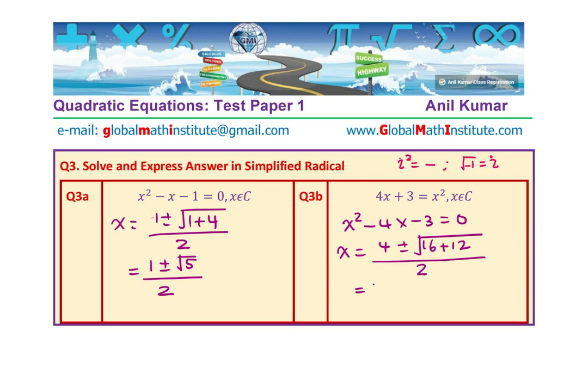So we get here 4 plus minus square root of 28 over 2. Now 28 is 7 times 4. So 4 plus minus 2 square root 7 over 2. So we can write this as 2 plus or minus square root 7, right? So that becomes the answer for the given question.